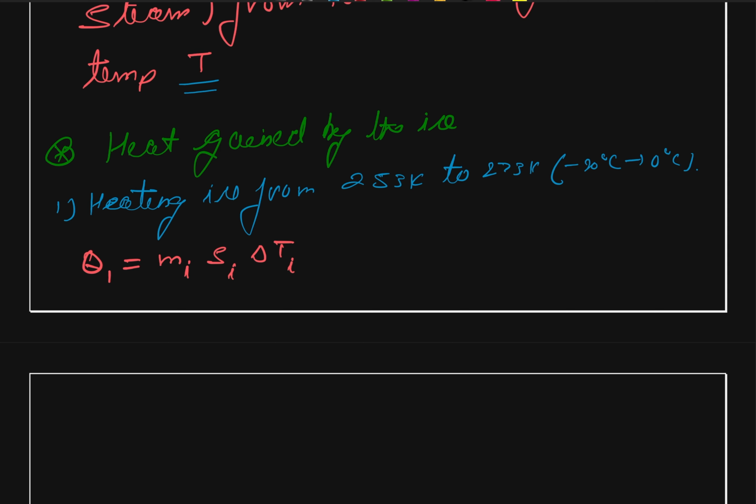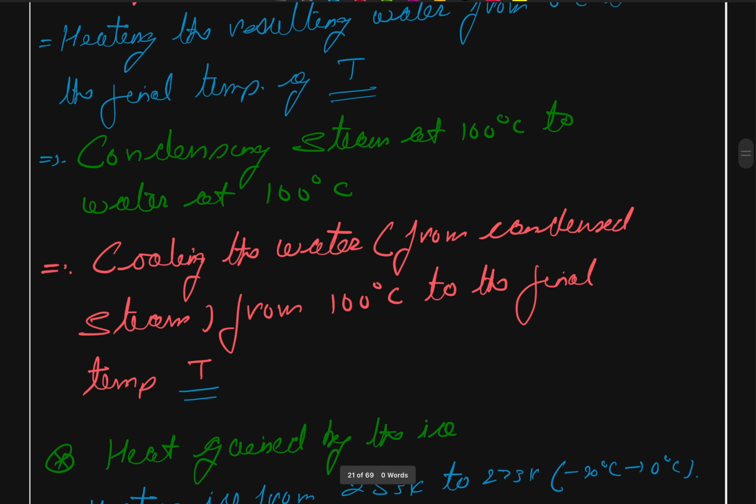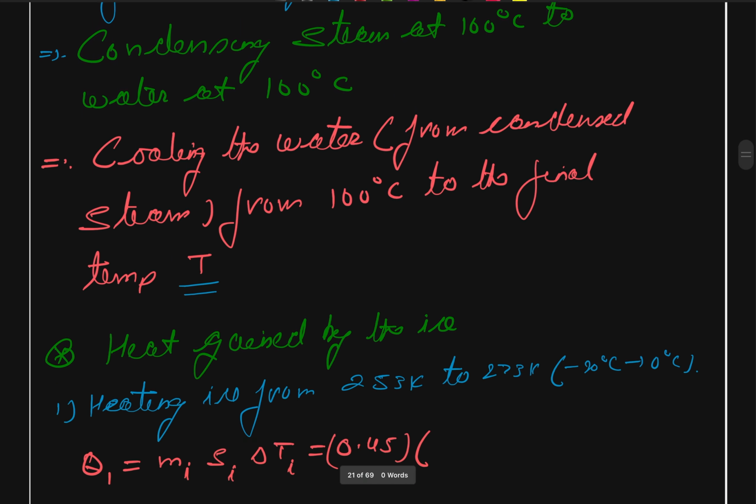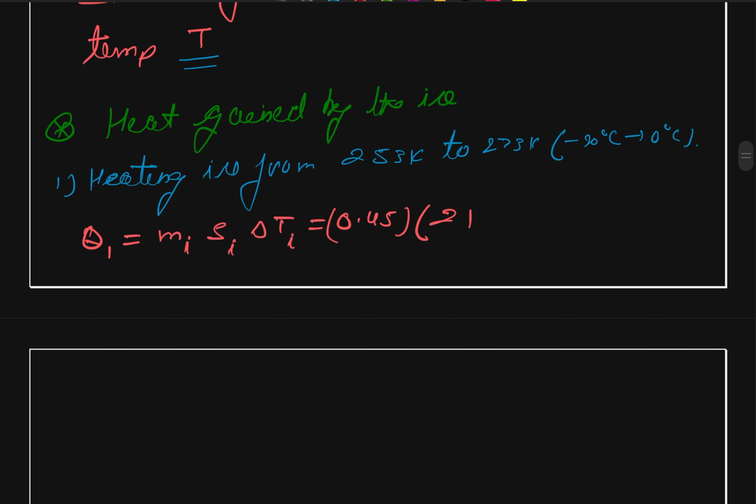We substitute: mass is 0.45, specific heat is 2100, and delta T is 273 minus 253, that is 20. From here we get 18900 joules.